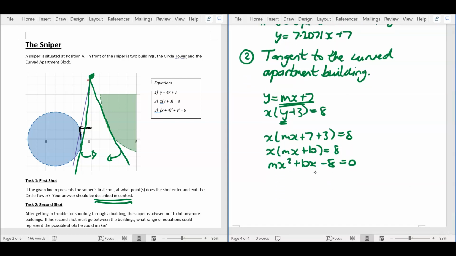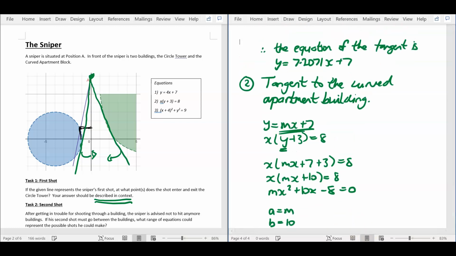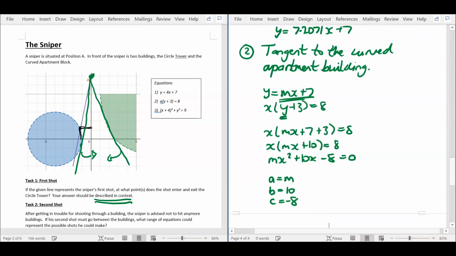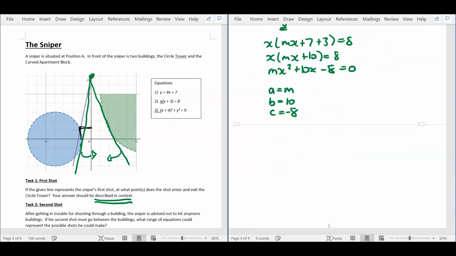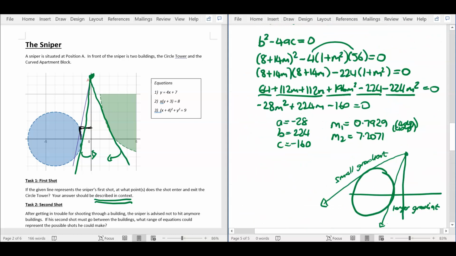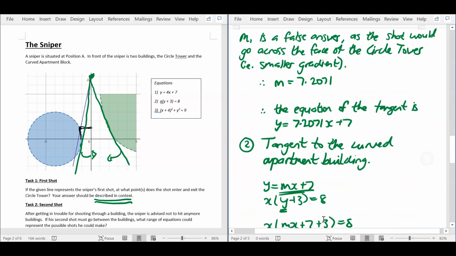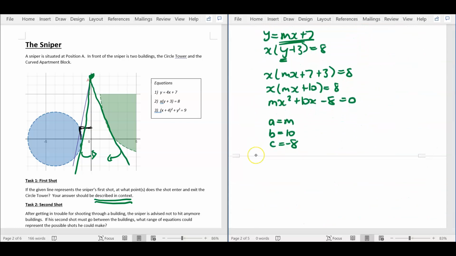And from here, we get our a, b, and c values. a is easy, which is equal to m. b will be equal to 10, and c will be equal to negative 8. So we've got those values there. There we go, there's a new page. We now need to go ahead and find what that is. So similar style to the previous question, we just need to state what the tangent will be with a bit of context.